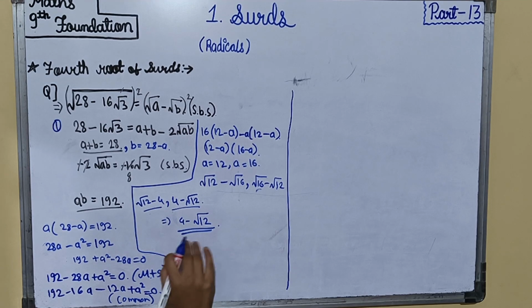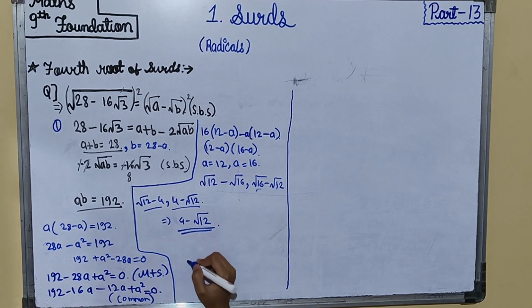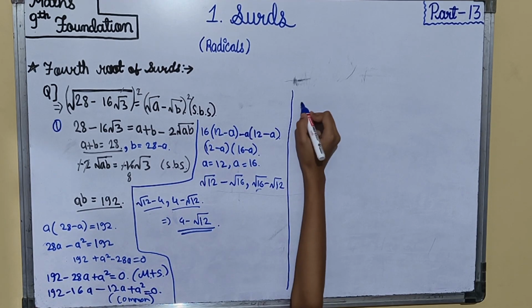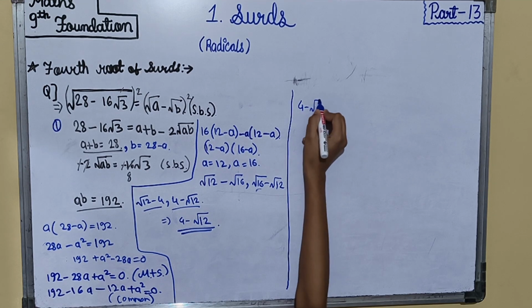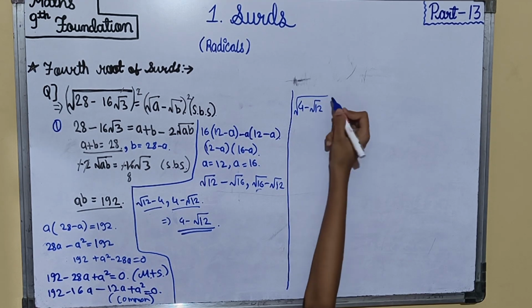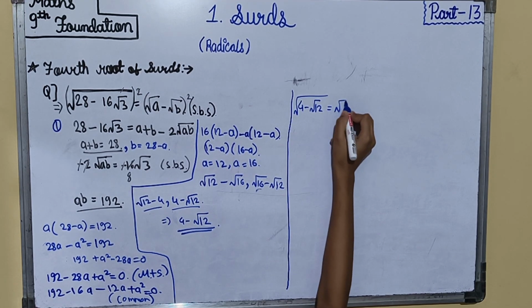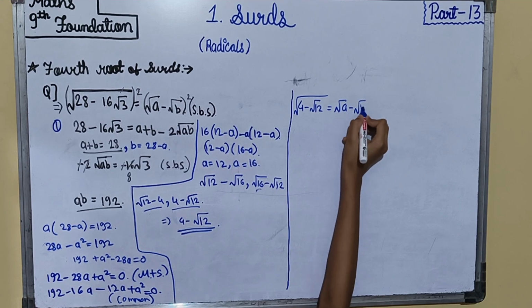Now we'll again take its root. So that would be root of 4 minus root 12 is equal to root a minus root b.